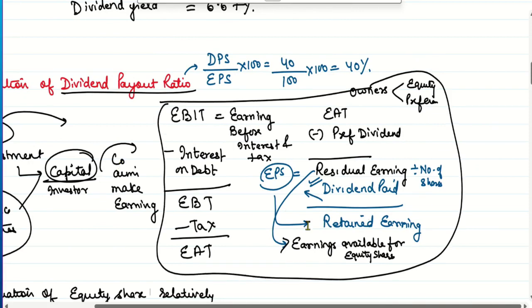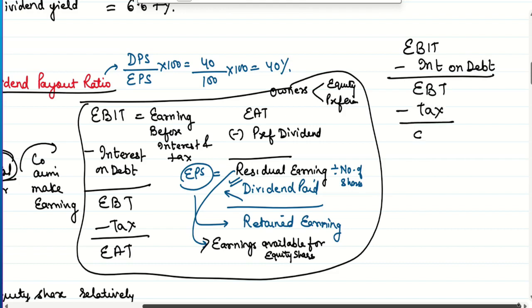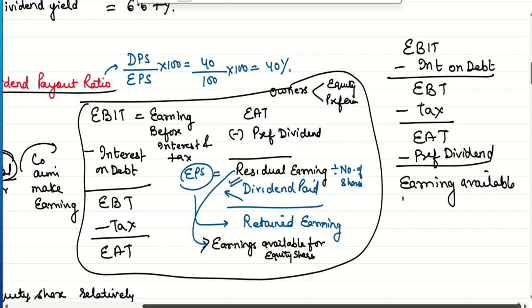Basically, it is like this: EBIT minus interest on debt, then you get earning before tax. Then you subtract tax, you get earning after tax. Then you subtract preference dividend, then you get earning available for equity shares, equity shareholders.